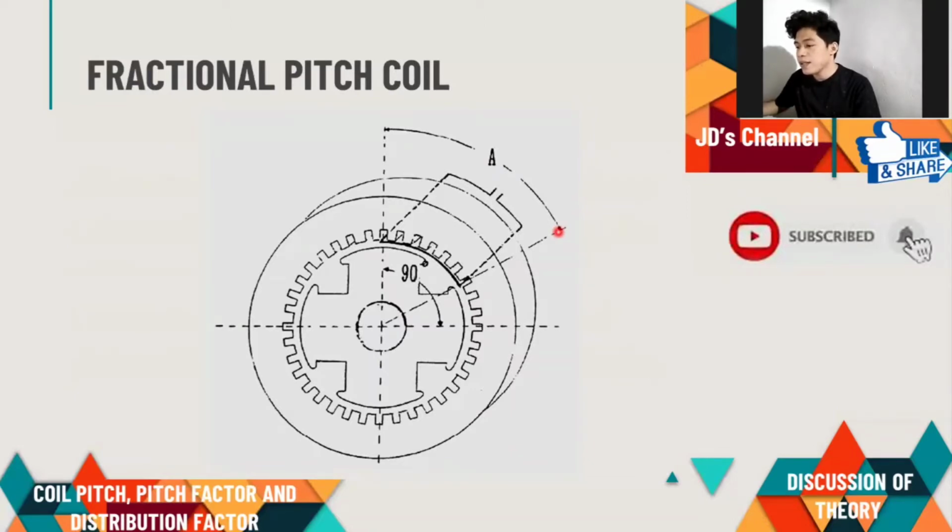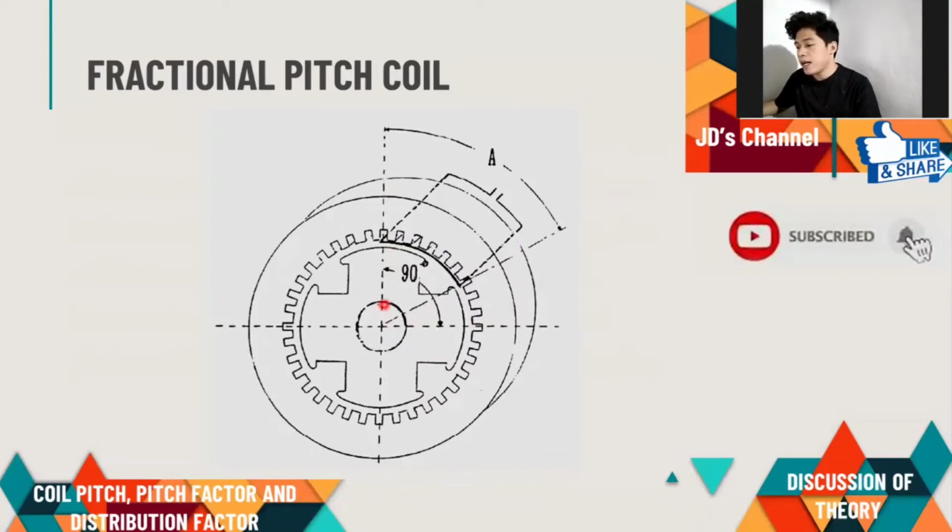And the angular distance between adjacent pole centers remains 90 degrees, 90 mechanical degrees or 180 electrical degrees.